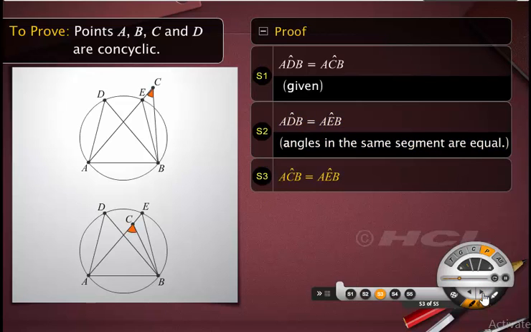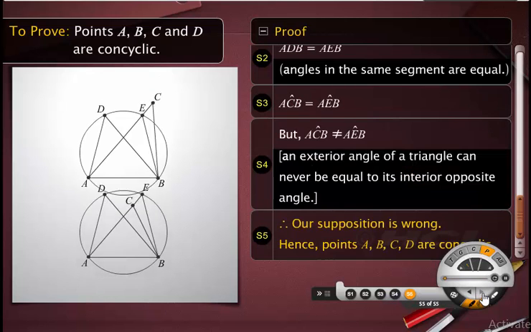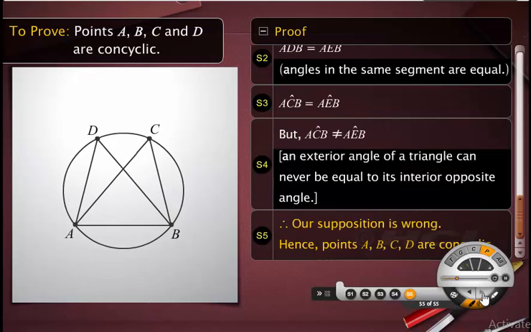From steps 1 and 2, angle ACB is equal to the angle AEB. However, an exterior angle of a triangle can never be equal to its interior opposite angle. Therefore, our supposition is wrong, and hence points A, B, C, and D are concyclic.